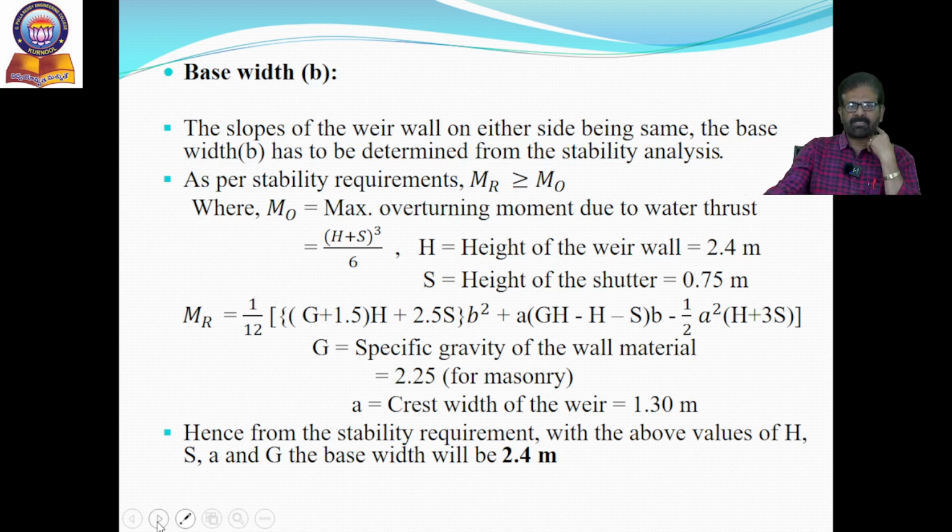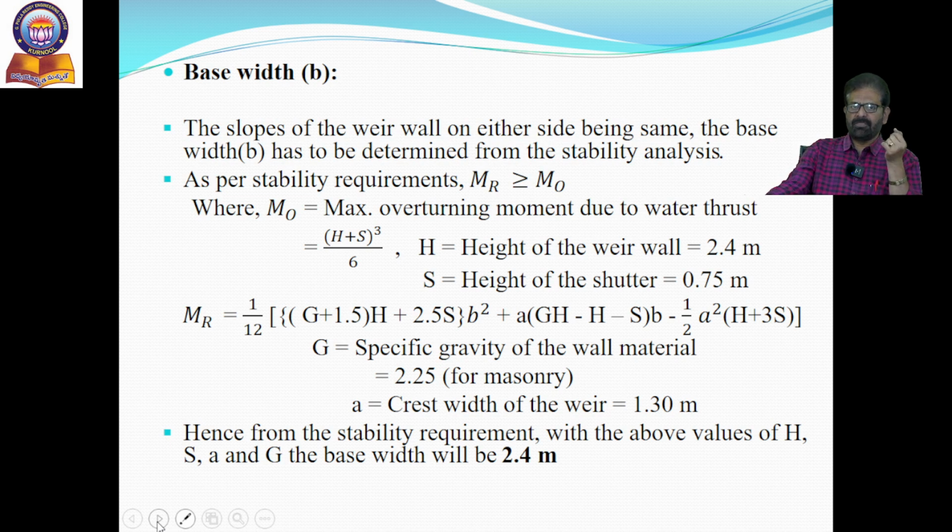So in the present case also, M suffix O is the maximum overturning moment due to water thrust. You see, in this surplus weir, on one side of the weir, the water will be stored. Therefore, the overturning moment is due to the hydrostatic pressure of the water on the upstream side of the weir wall.